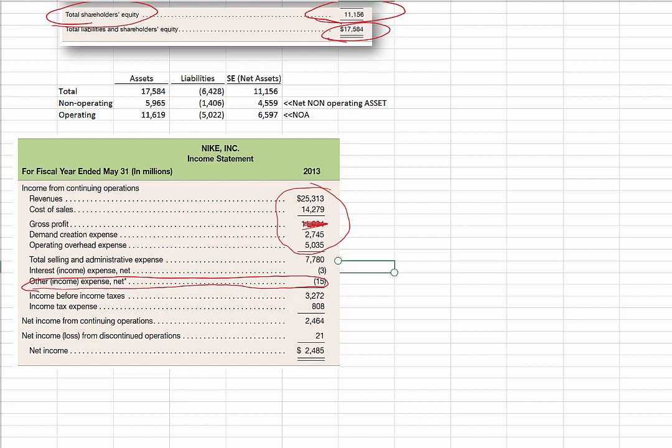So right here, let me compute my income from operations by combining all of those things. Most income statements will give us an operating income subtotal, but this one doesn't.